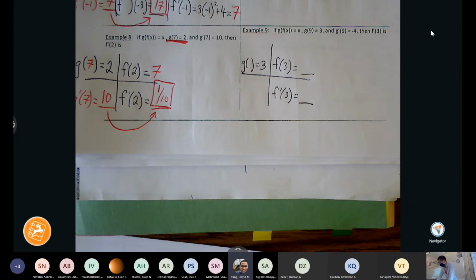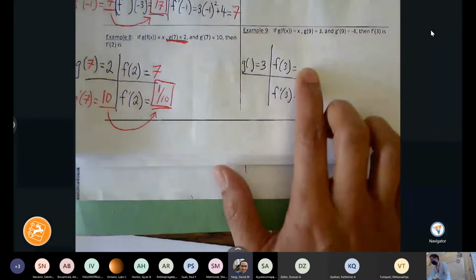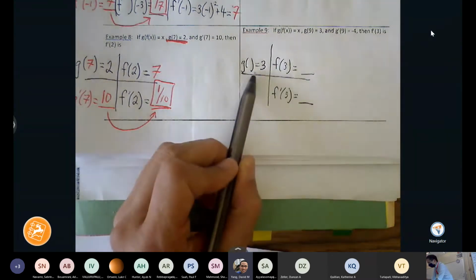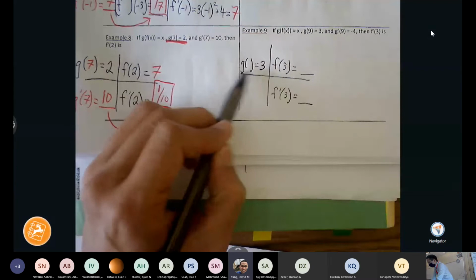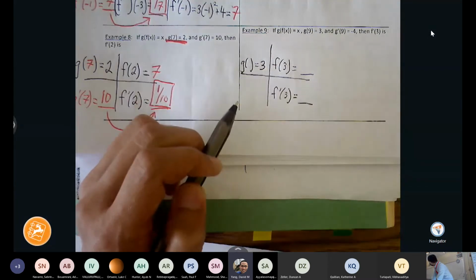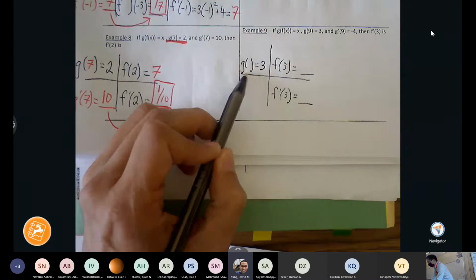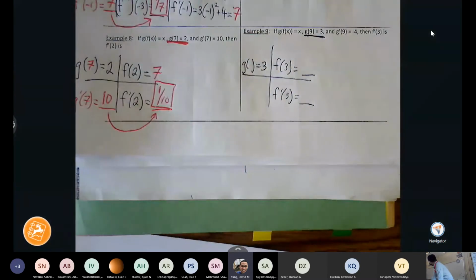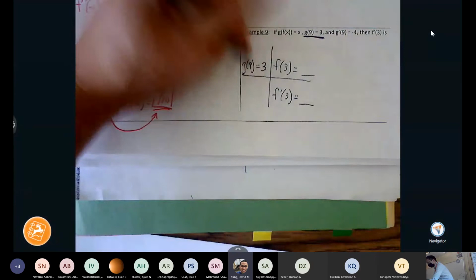All right, what'd you guys get for your answer? Negative 1/4. Okay, so we know that the 3 that's given to us is really the y value of my g function. So I have this as my starting point. And to fill in the gap, I know they tell us g of 9 is equal to 3.